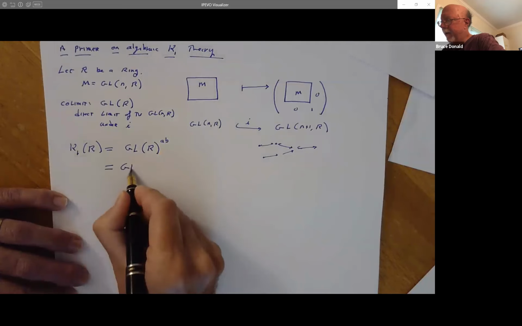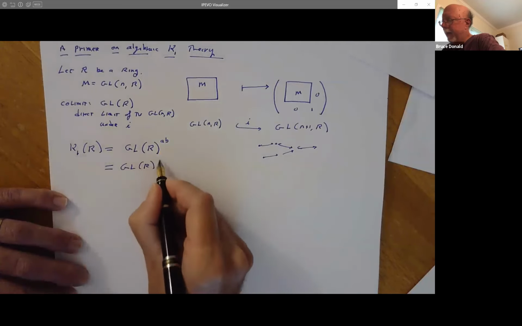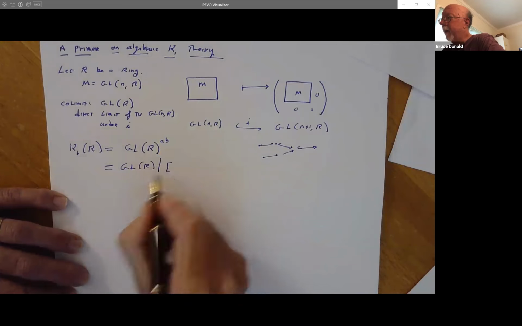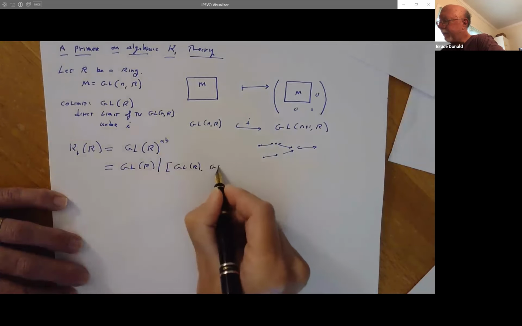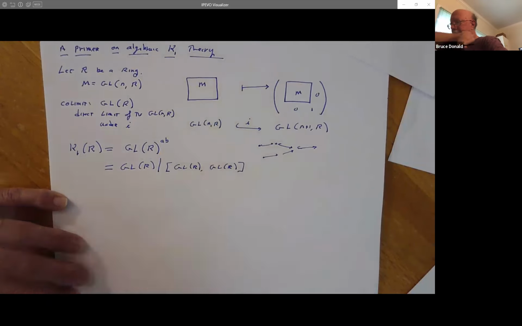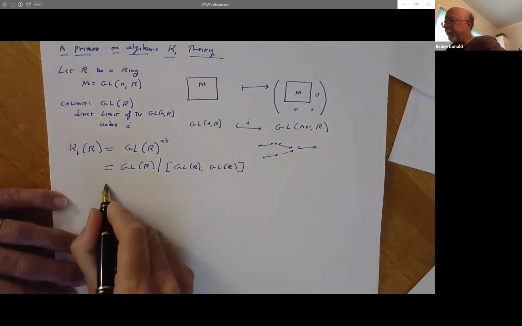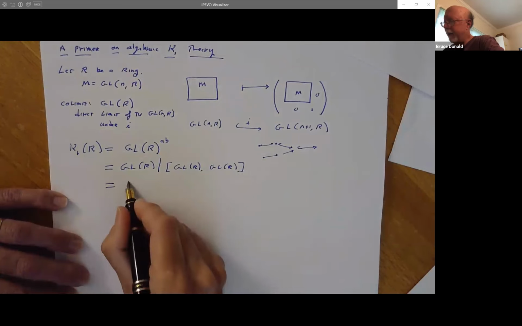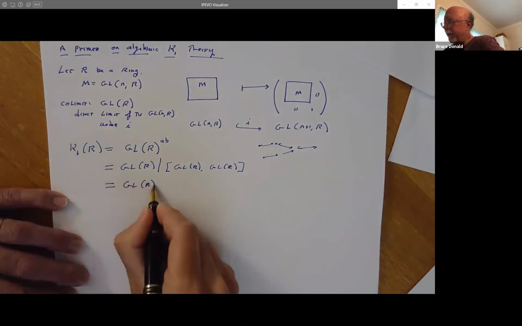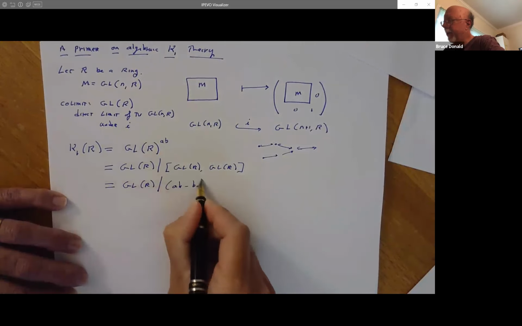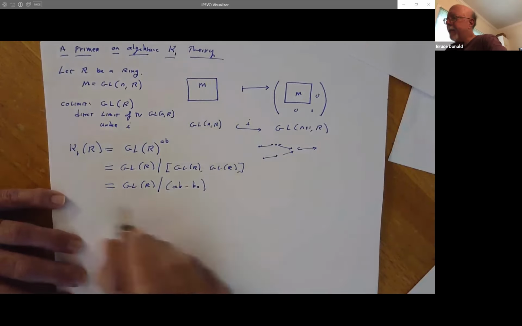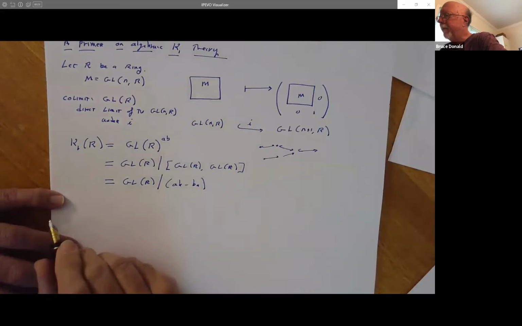You take GL(R) and you mod out by the commutator subgroup. What's the way to think about that? That's the same as GL(R) when you mod out by the relation AB minus BA, so the extent to which things don't commute.